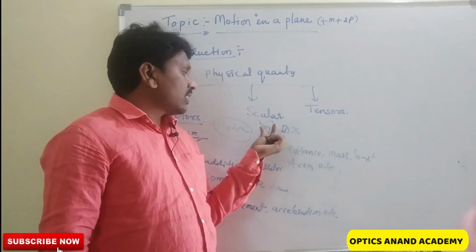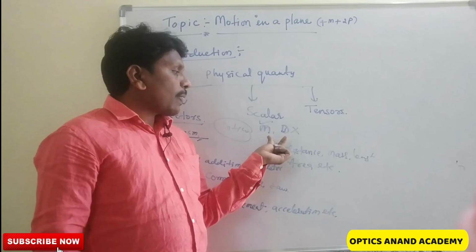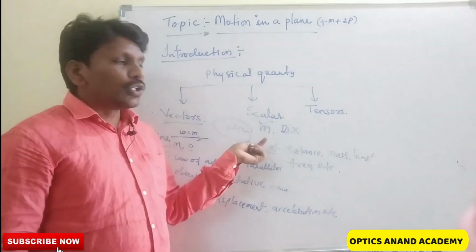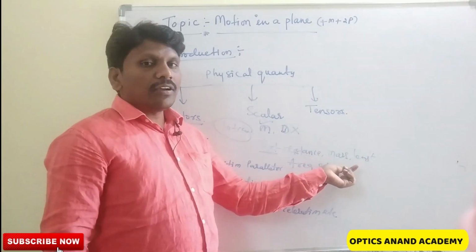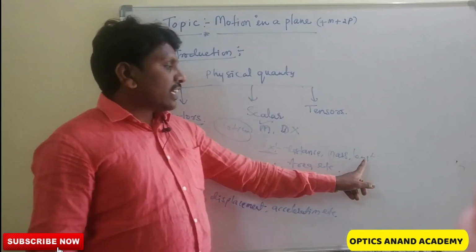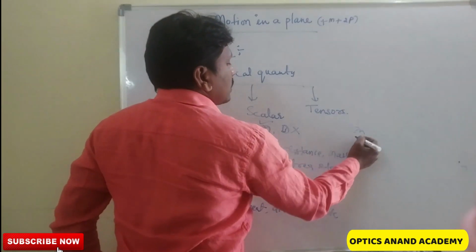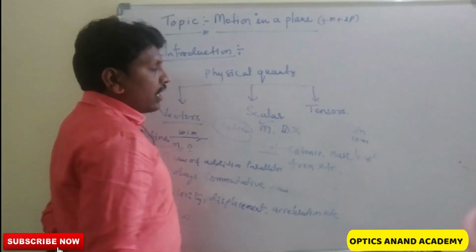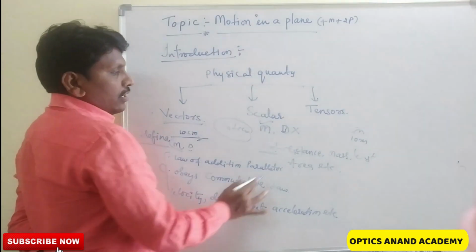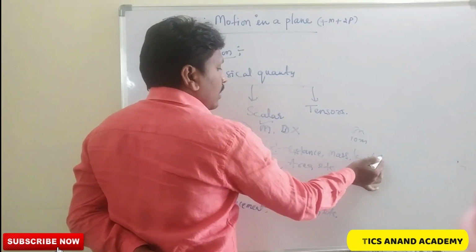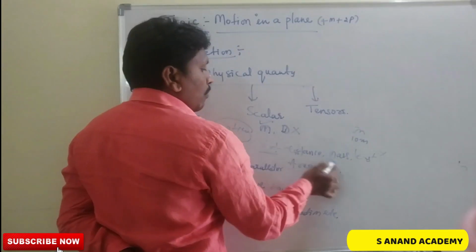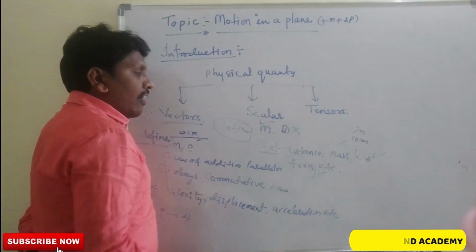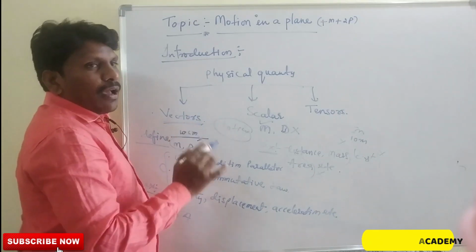Mass, we know, is 10 kg, 20 kg, 5 kg; that number is the magnitude, whereas kg is just the unit of measurement. Length may be 5 meters, 10 meters, 15 meters; here 5, 10, 15 are the magnitude. Length, mass, distance and area do not have direction, only magnitude.